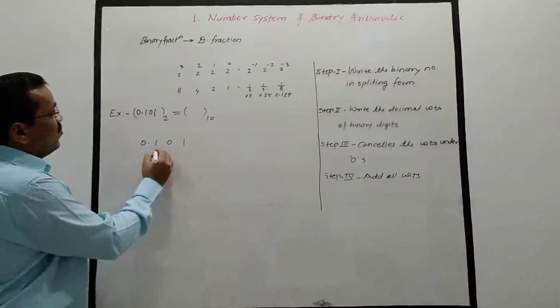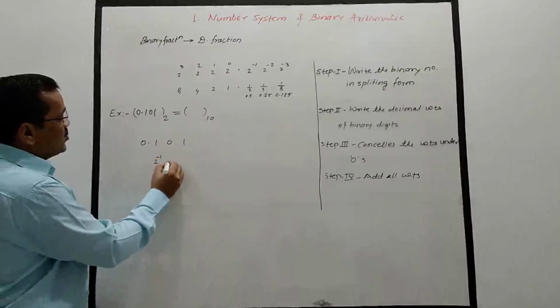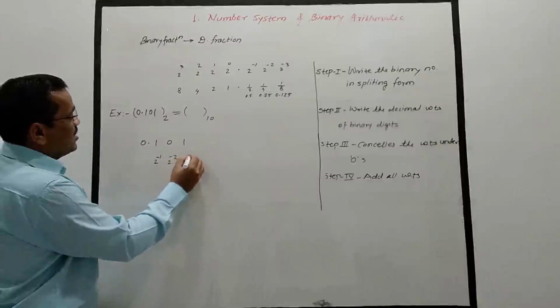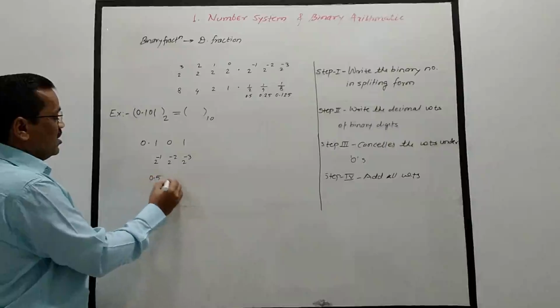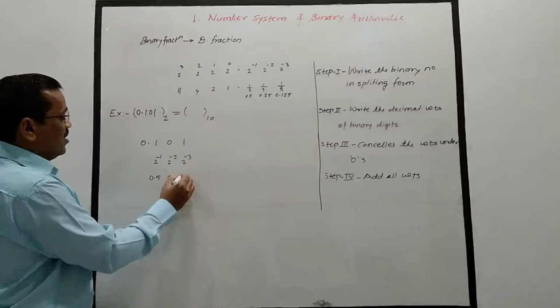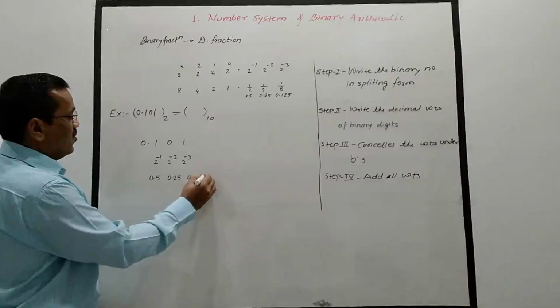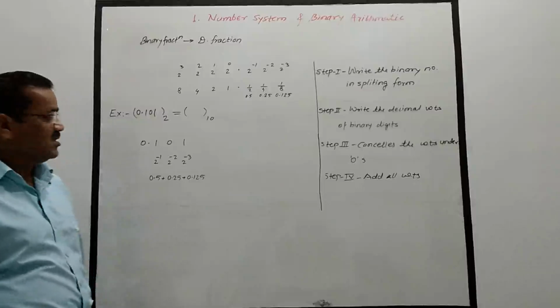So here 1, that is 2 raised to minus 1. Here it is 2 raised to minus 2 and it is 2 raised to minus 3. That is 0.5, 0.25, and 0.125. Let's add these weights.